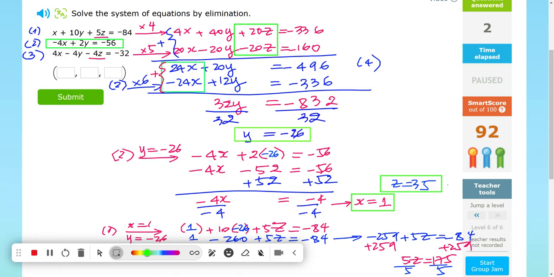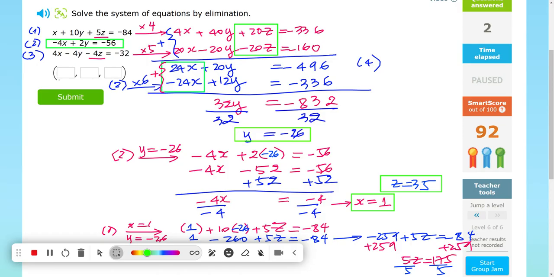So let's test equation number 2. Negative 4 times x, which is the 1, plus 2 times y, which is negative 26, and that equals negative 56. That's correct. I test equation number 3. 4 times x, which is number 1, subtract 4 times y, which is negative 26, and then subtract 4 times z, which is 35, and it comes out negative 32.